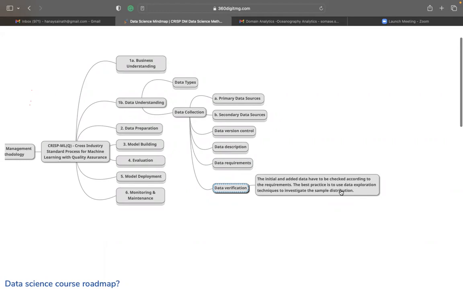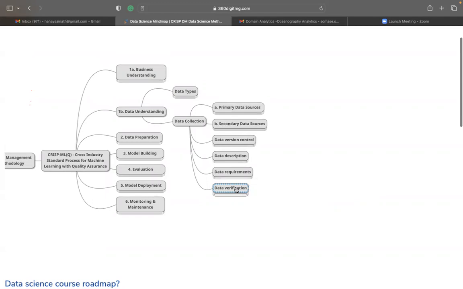The best practice is to use the data exploration technique to investigate the sample distributions. So this was about the data collection.